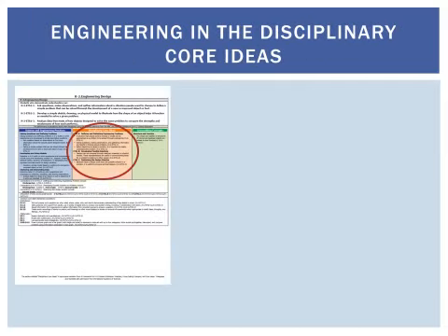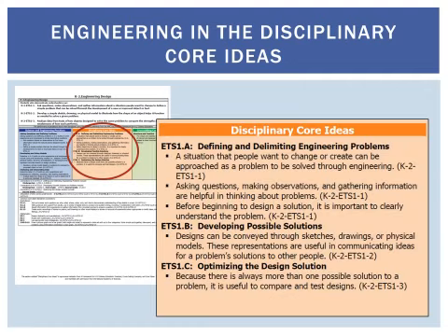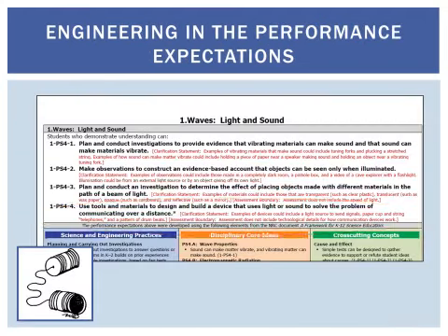Here's another place where engineering shows up in the NGSS. The disciplinary core ideas include engineering design at every grade level. This is an example from K-2. Also, there are engineering-focused performance expectations throughout the NGSS. Here's one for first grade. Use tools and materials to design and build a device that uses light or sound to solve the problem of communicating over a distance.